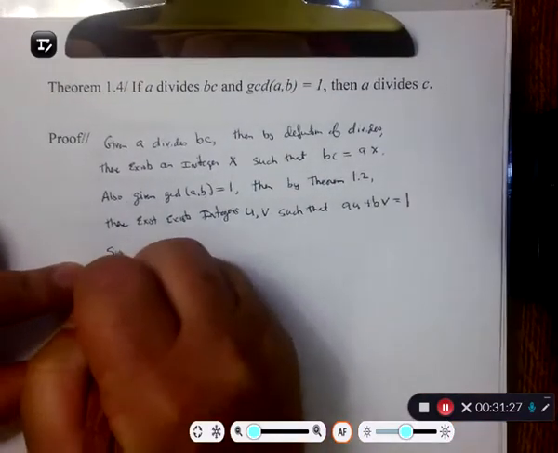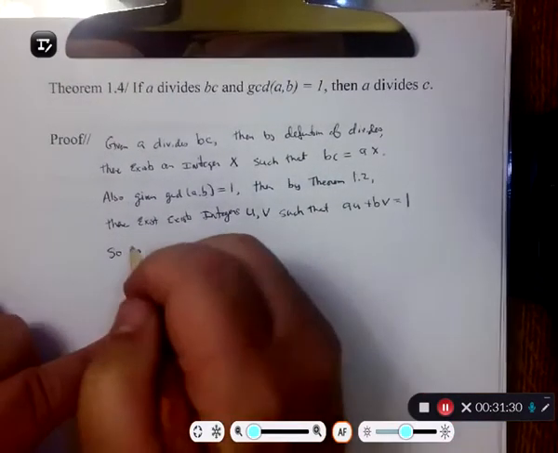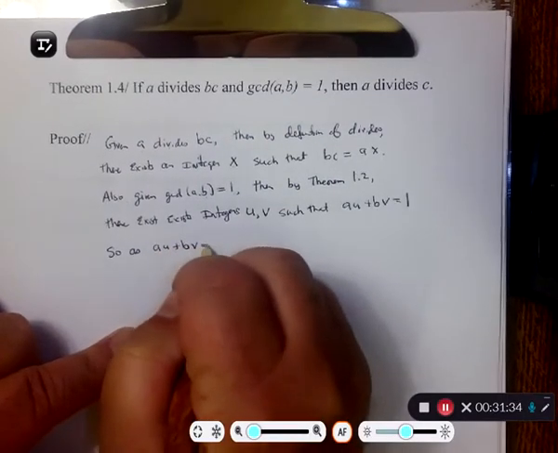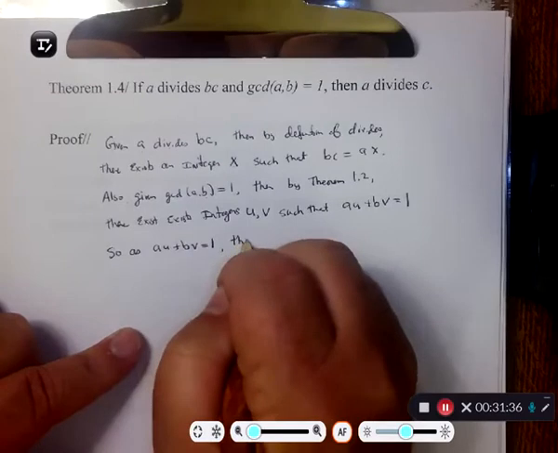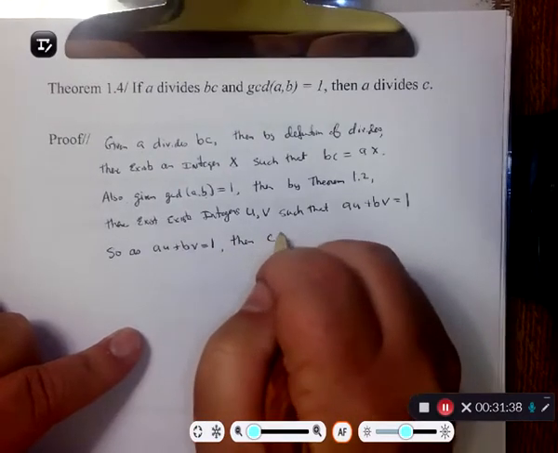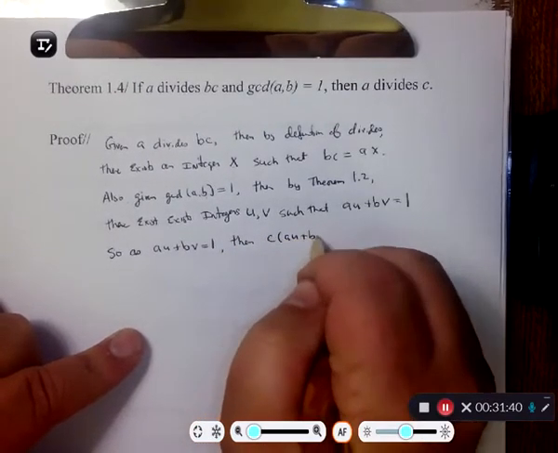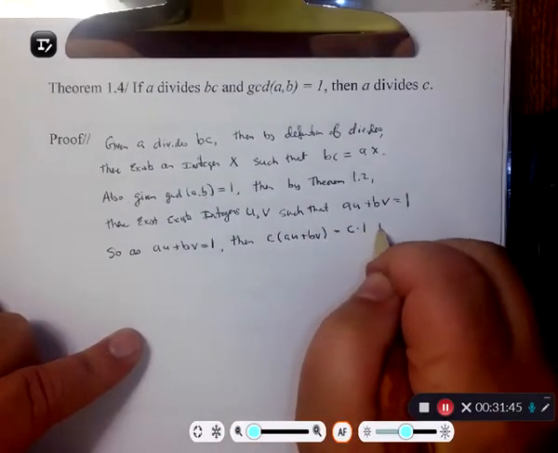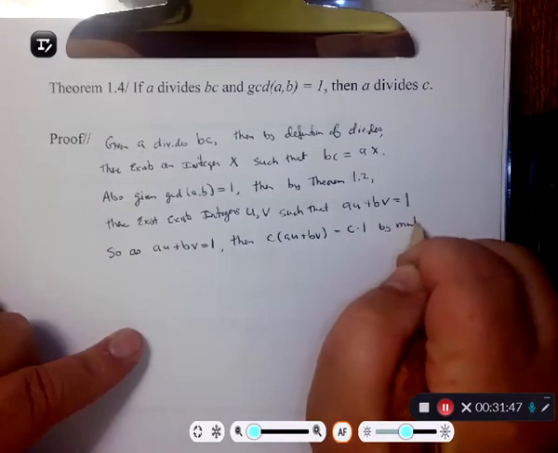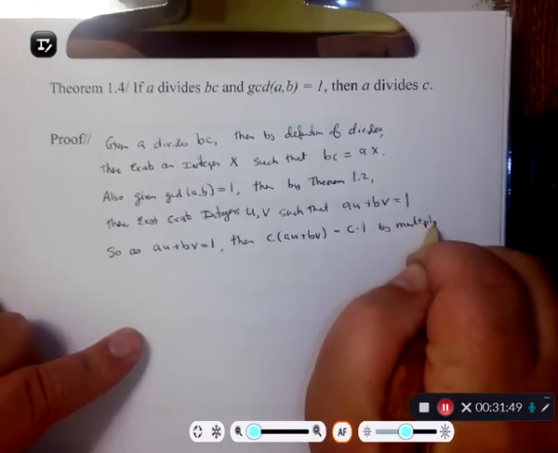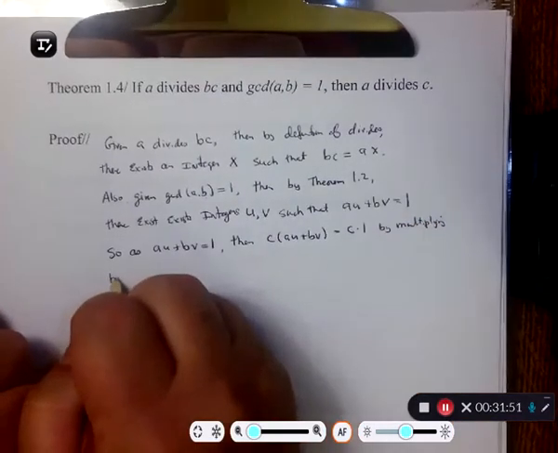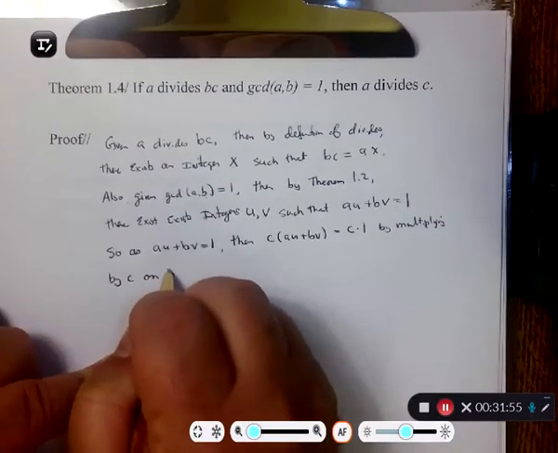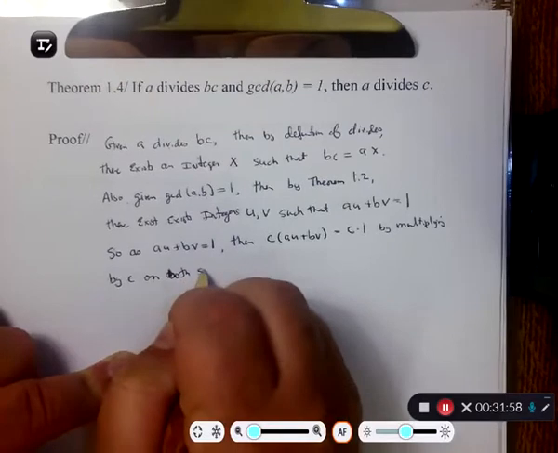Notice a wonderful writing up of a proof. So as AU plus BV equals 1, then C times (AU plus BV) is equal to C times 1, by multiplying by C on both sides.